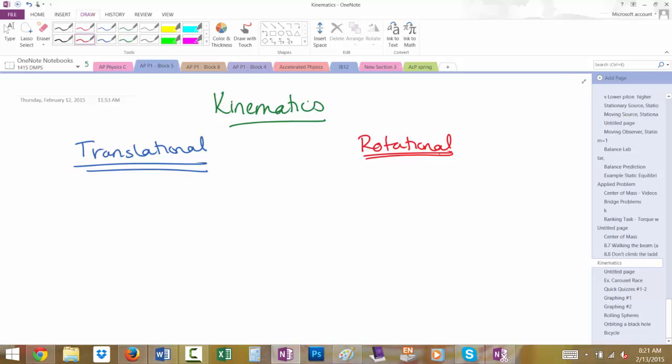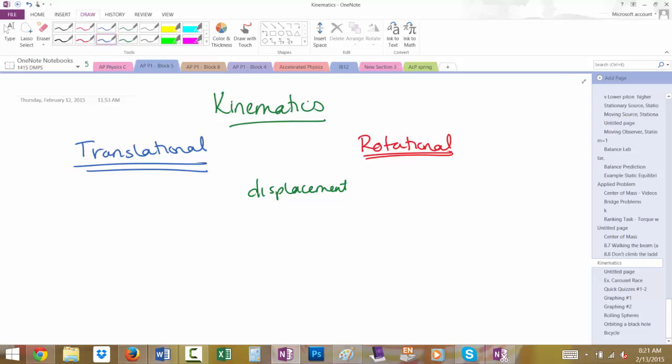So basic definitions, that's where we started when we did translational kinematics back in August, September. The first piece that we defined was displacement. What letter did we use to mark displacement?